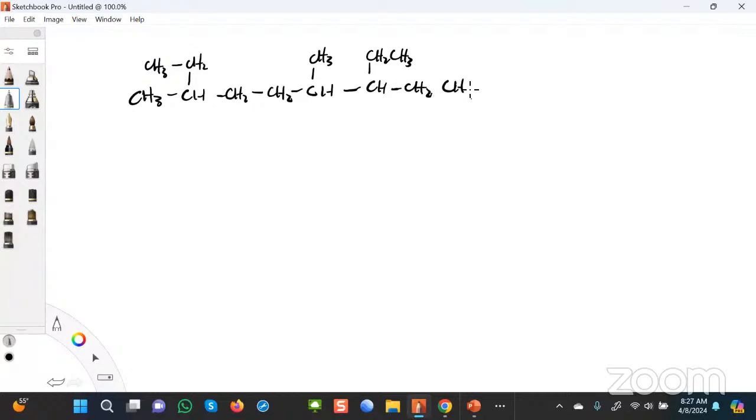Okay. So my question to you is this. How many carbons are in the longest chain? Let me see if you know how to identify the longest chain of carbon atoms in this case. And you guys out there in Zoom can chip in your responses as well. How many carbon atoms are in the longest chain in this molecule?